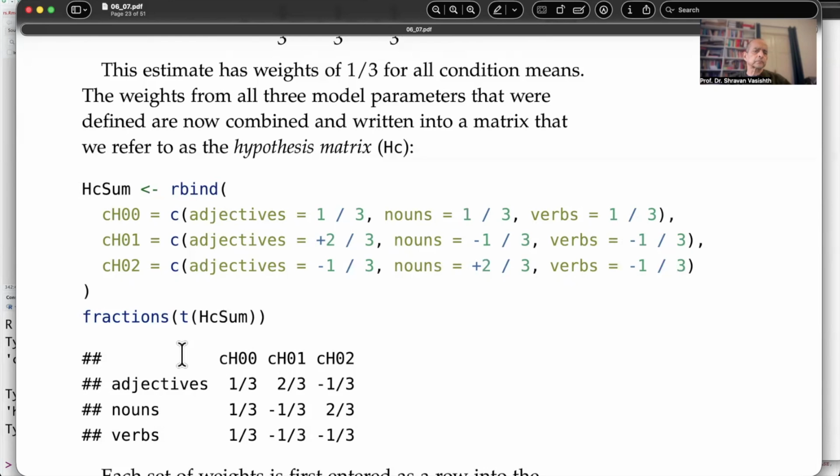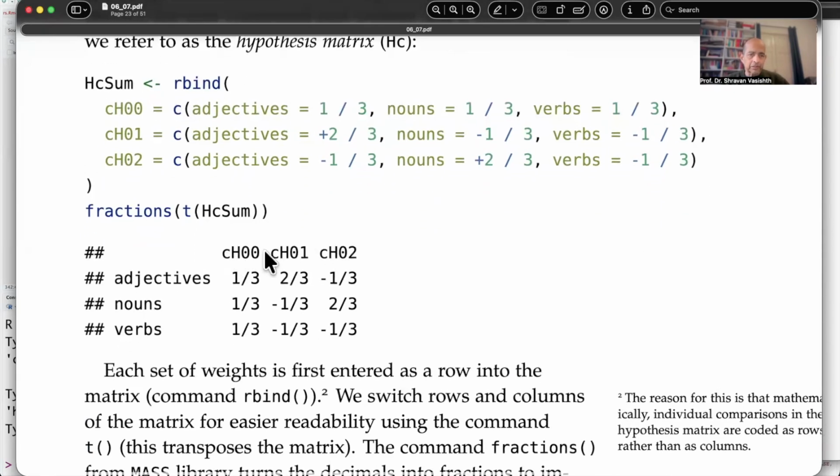So here we are comparing the nouns against the grand mean, and here we are comparing the adjectives against the grand mean. And this row here is just going to test whether the grand mean is different from 0. That's the intercept again.